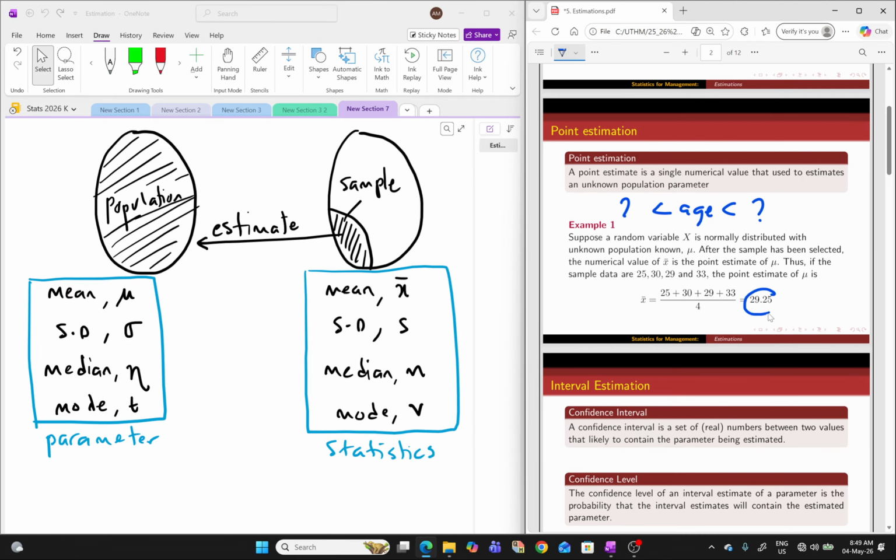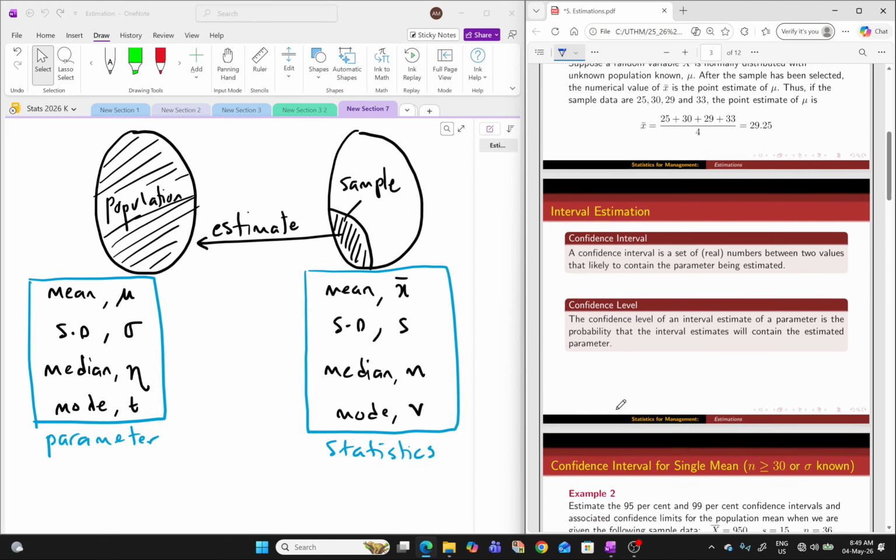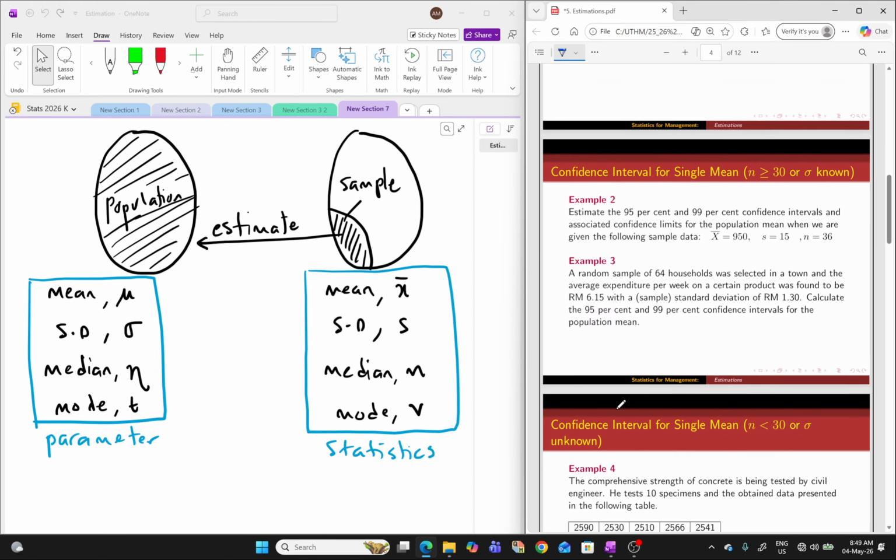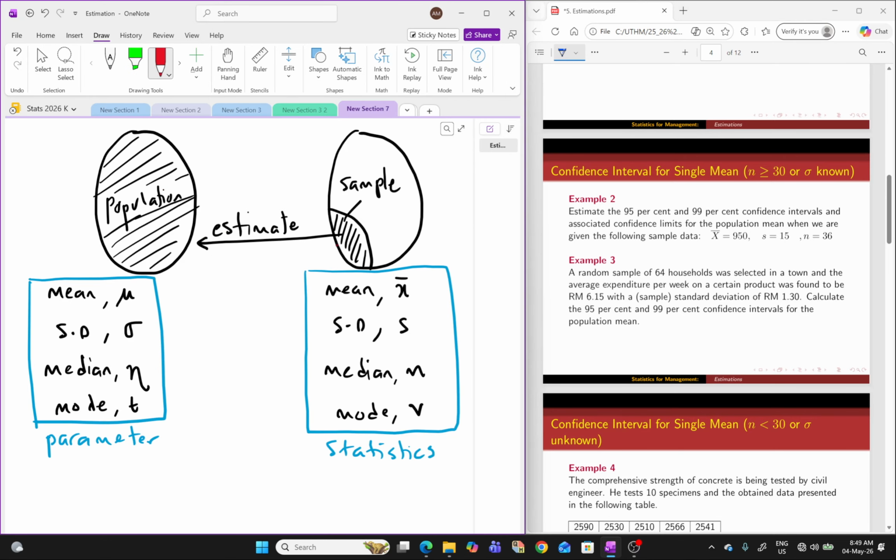Daripada kita bagi satu digit ni, kita bagi satu interval in between. Okay. Now, semua ni nanti saya akan explain. So what our aim is, we are going to get some info here. In our syllabus now, we are going to estimate the mean of population by using the mean of sample, standard.